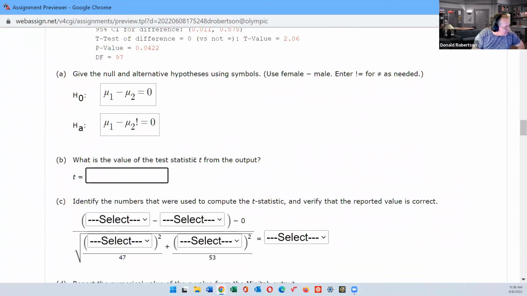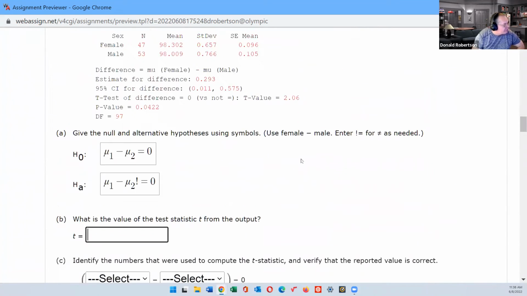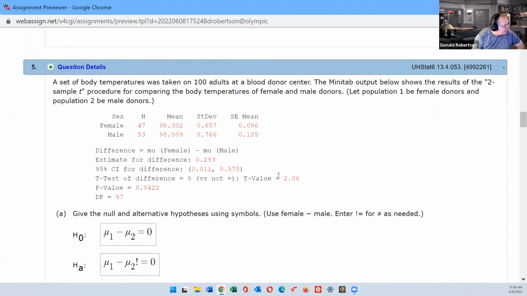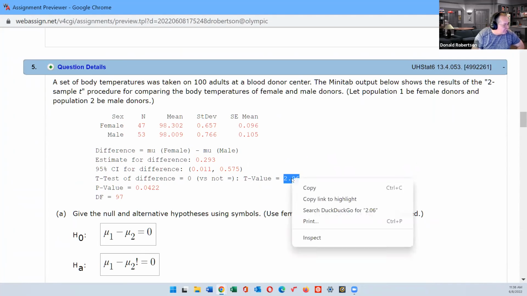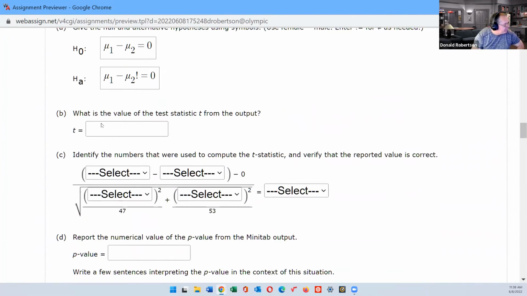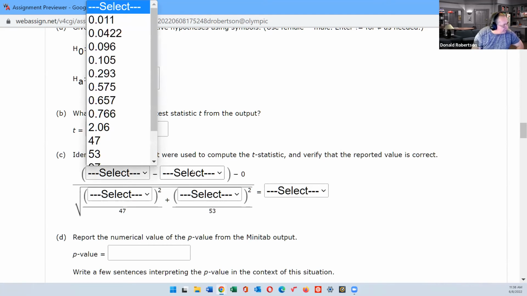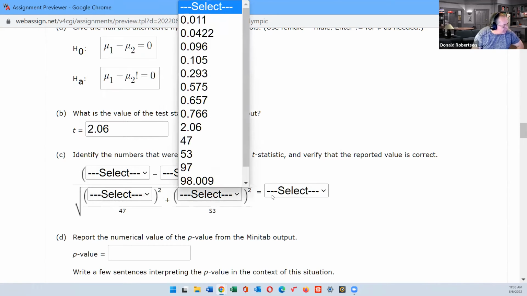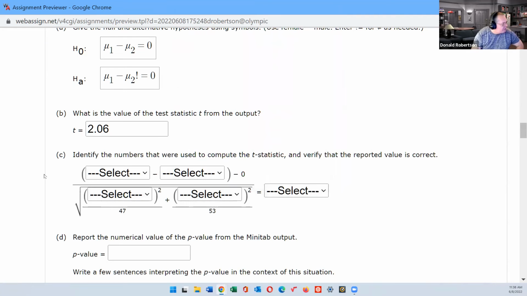Now it says, what is the value of the test statistic? Well, the test statistic is here. One of its many names, it's called the t-value. And then they give you something a little bit different. They give you lots of boxes where you're meant to be putting in the numbers that would calculate the t statistic.